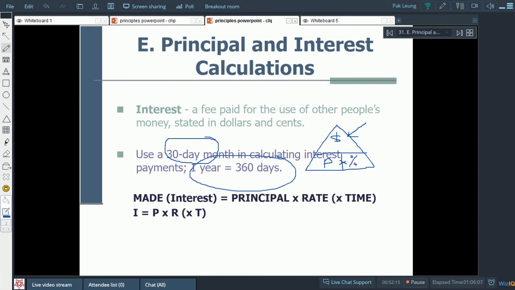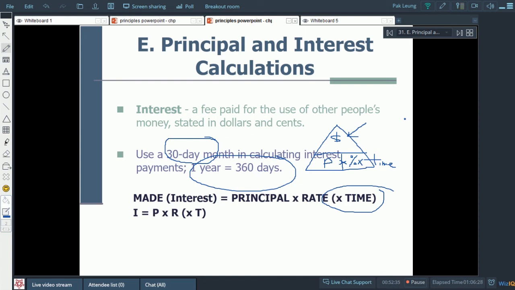Interest made. How much money do you make from interest? It's the principal, remember, times the percentage, and also there's a time factor here too.